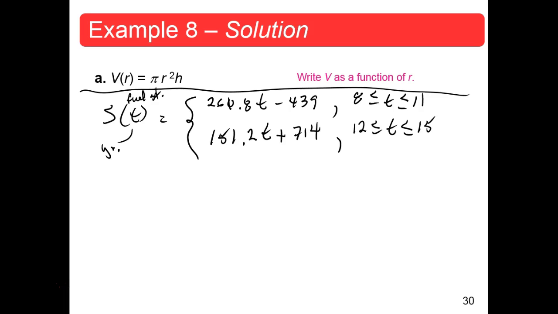Now, again, remember, this is a piecewise defined function, but with an explicit domain. You can't predict anything before the year 2008. We don't have the data for it. This doesn't work except for those 8, 9, 10, and 11, those 4 years. Okay?